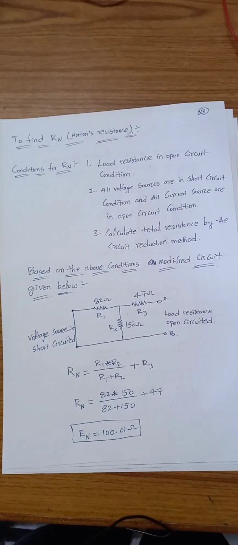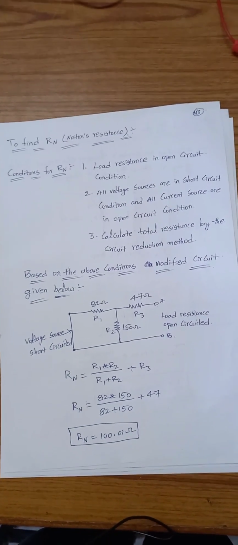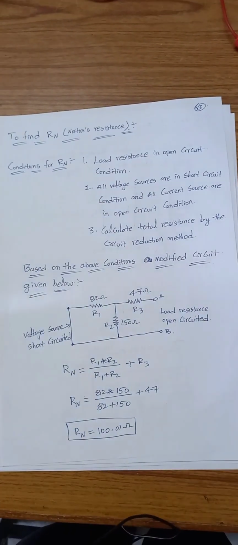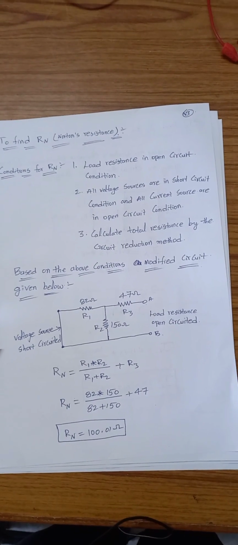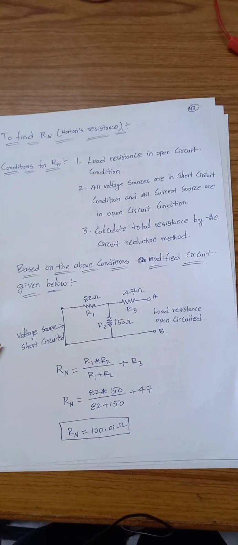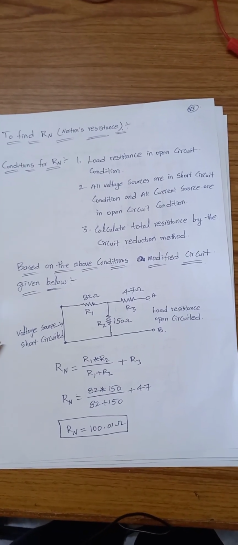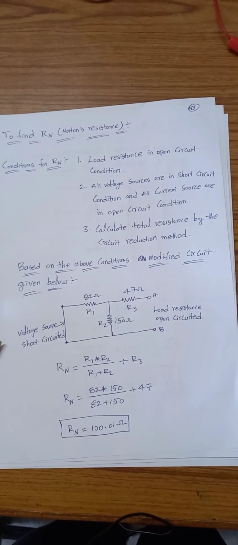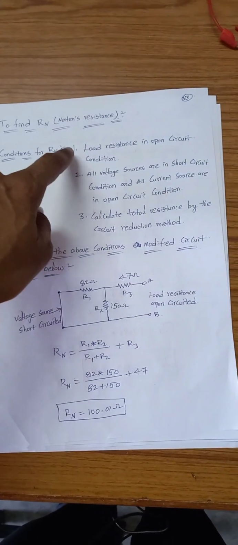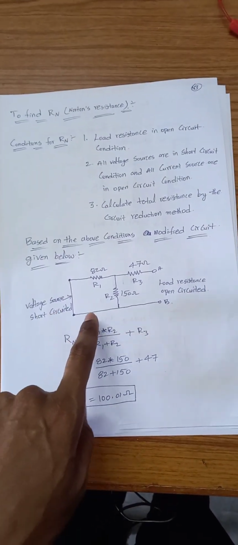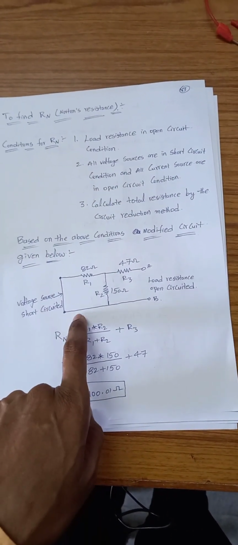The first one is load resistance in open circuit condition, the second condition is all voltage sources are in short circuit condition and all current sources are in open circuit condition, and the third one is calculate total resistance by using the circuit reduction technique method. So based on these three conditions, I am going to redraw the circuit diagram.